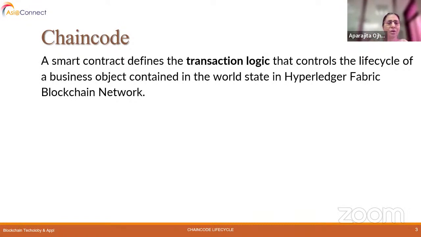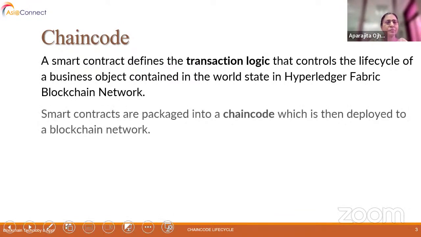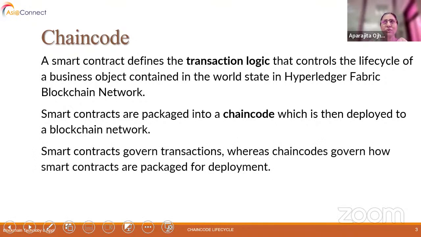Smart contracts are packaged into a chain code, which is deployed to the blockchain network. Today, we shall see how this is deployed to the blockchain network.